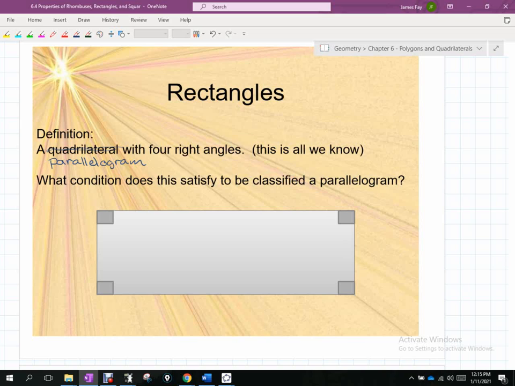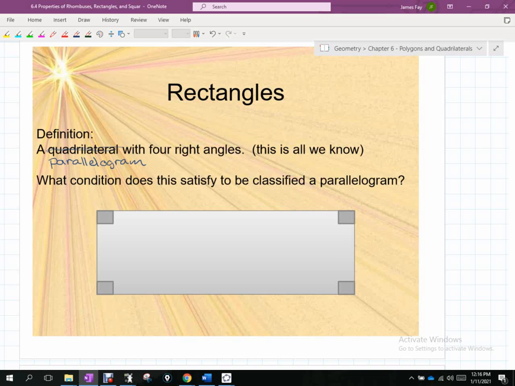And we know that textbooks or dictionaries say a rectangle is a quadrilateral with 4 right angles. That's fine, because if it's a quadrilateral with 4 right angles, what do you know about opposite angles? They're congruent.